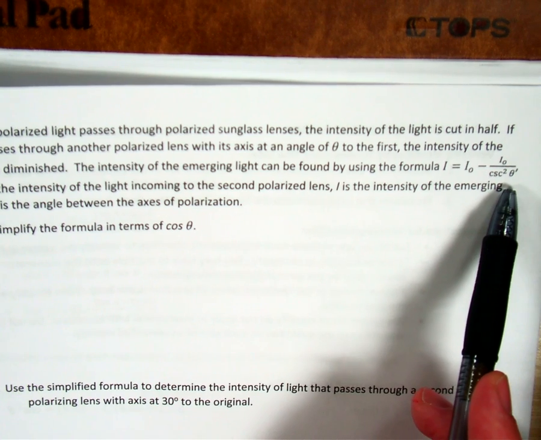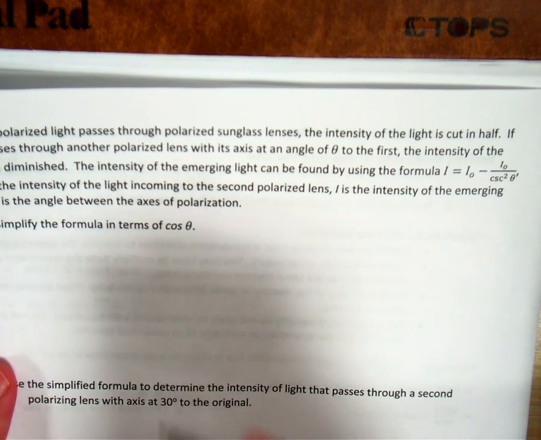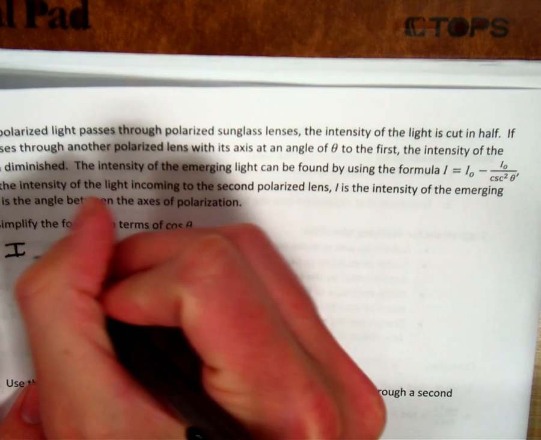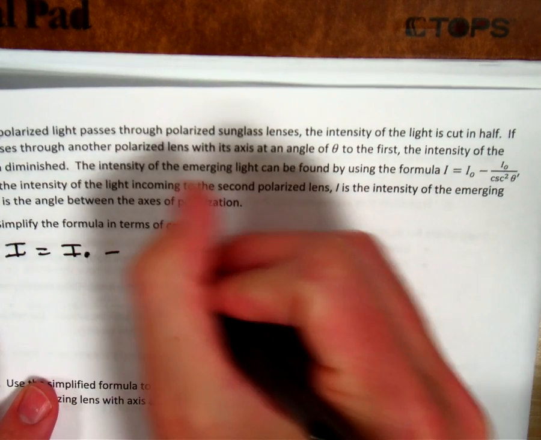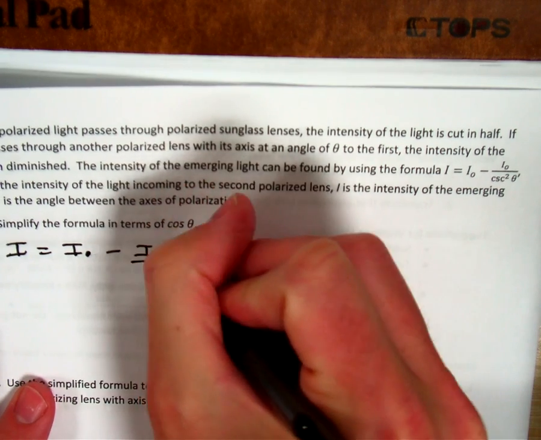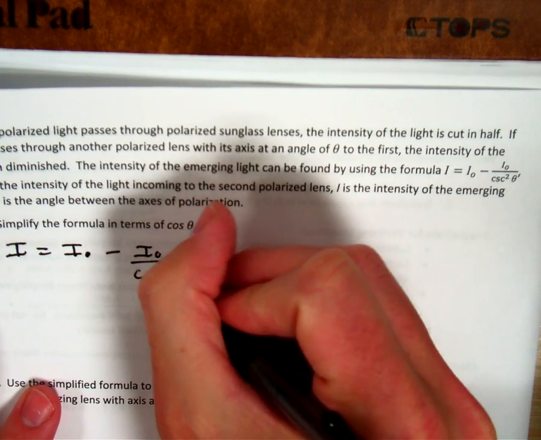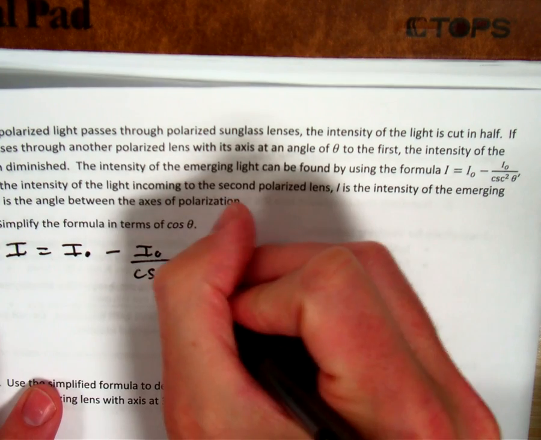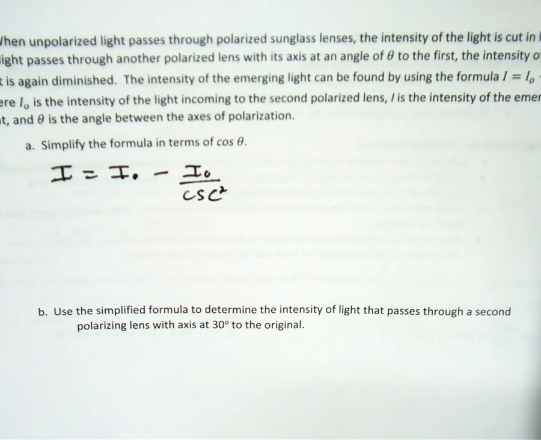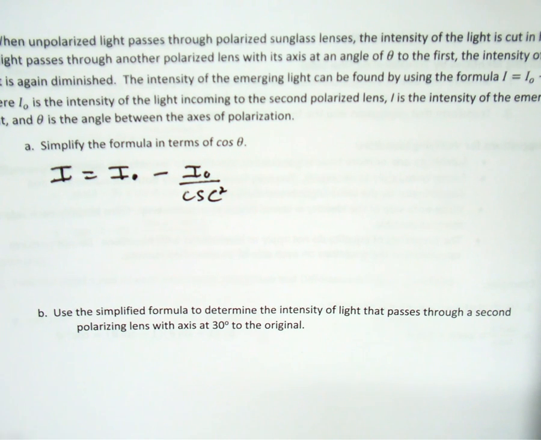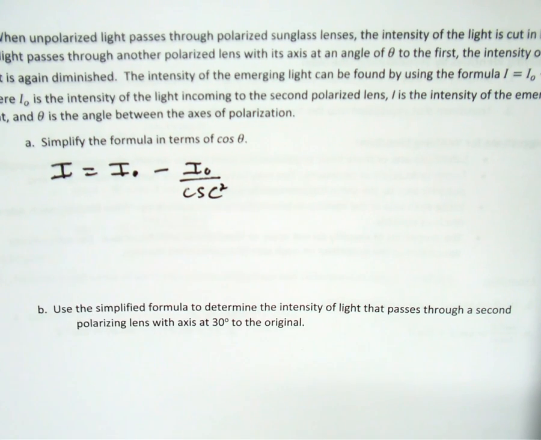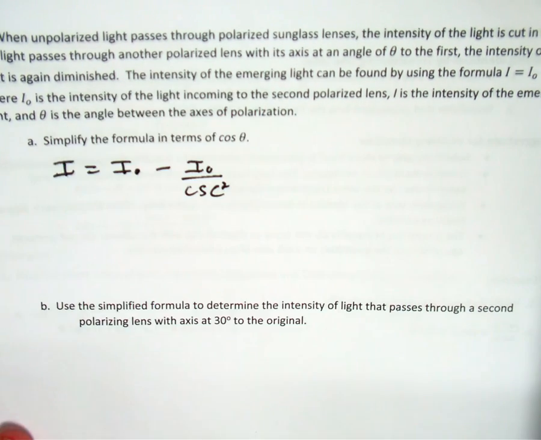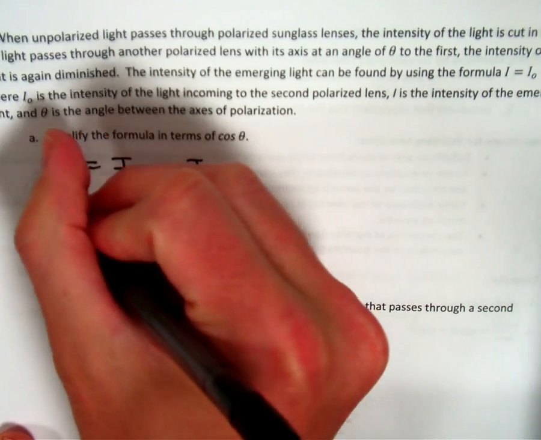So we're going to try to convert this into one formula, which is cosine. So I equals I0 minus I0 over cosecant squared. Okay, so it says we want to write this in terms of cosine, so immediately our attention is probably going to jump to this. I'm going to say, let's factor out the I0, initial intensity here.